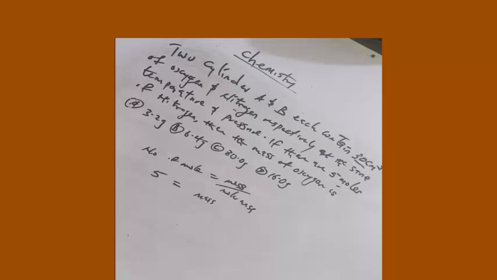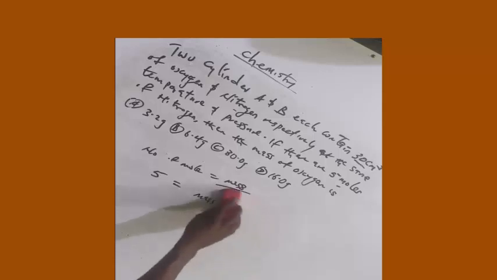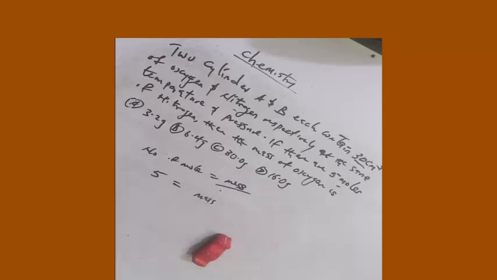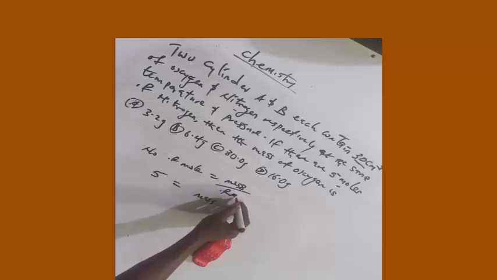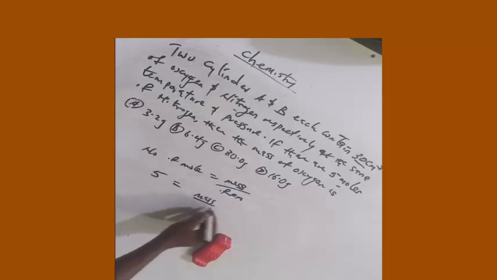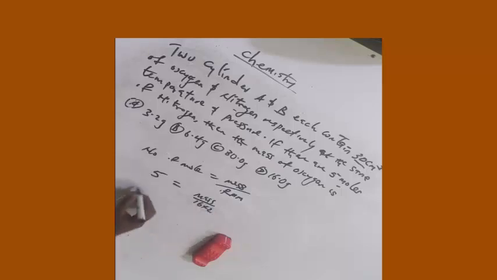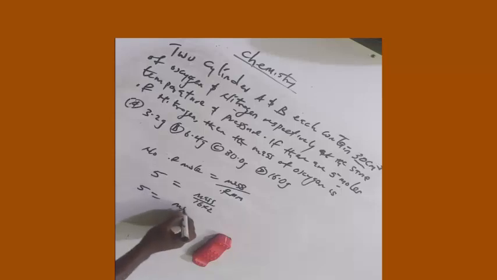What is the relative atomic mass of the oxygen? Or relative molecular mass of the oxygen, is 16 times 2. So 5 is equal to mass over 32.